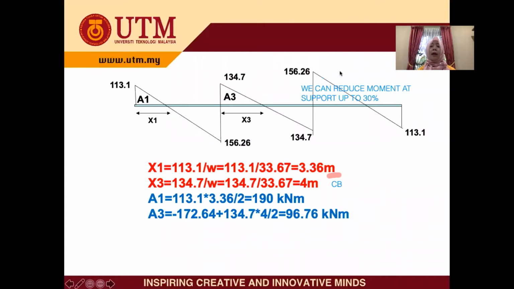Okay. After we complete all the calculation of the new shear force, then we plot it again and then determine what is the new x1 and x3 here. Actually, we want to find what is the new moment.